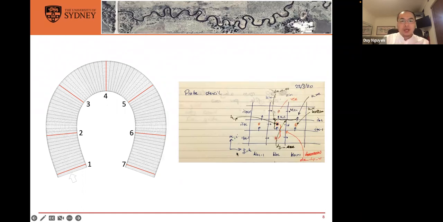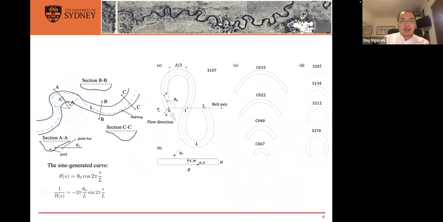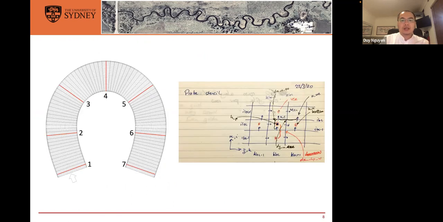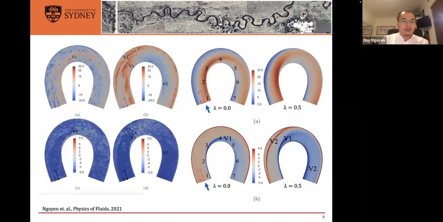Okay, so now we have the setting, the model, and the equations. We run it, got the data, and analyzed it. I will talk about the results that I have. The first one was published in Physical Review Fluids in 2021, where we compare, in a very sharp manner, a stratified flow and a neutral flow.